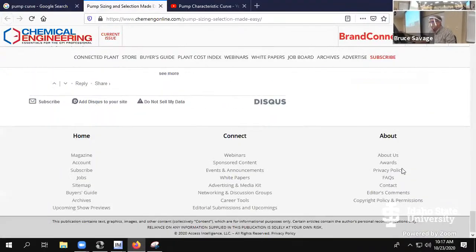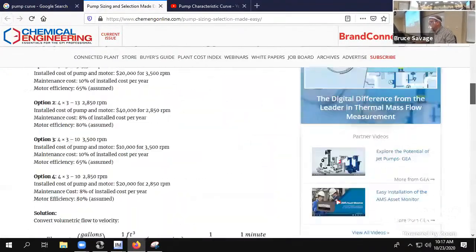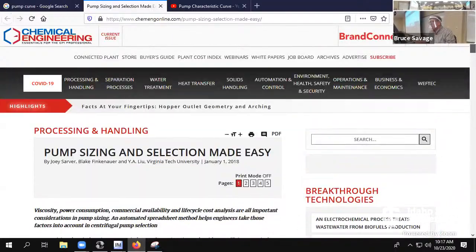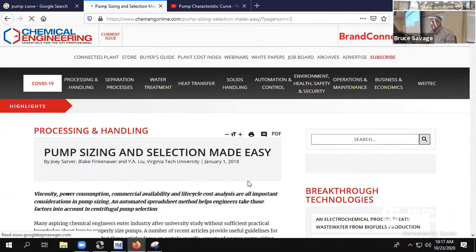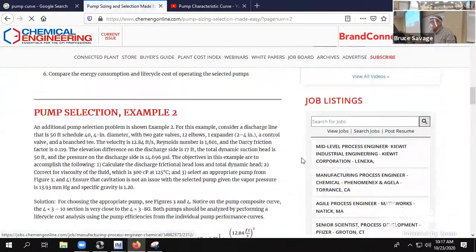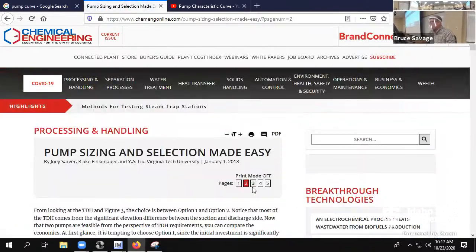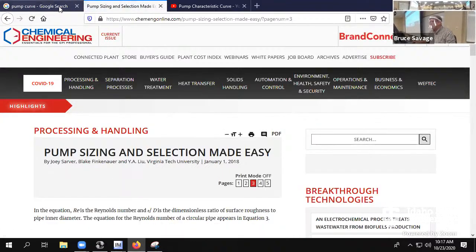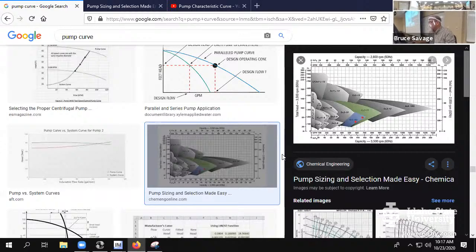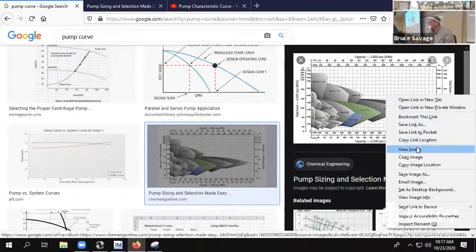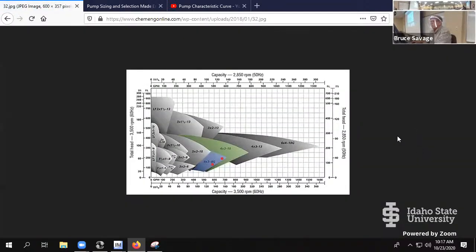Where'd that graph go? It's going to be on all the pages, huh? Fine, let's go back to Google search right here and you just right click the image. View image. Okay, thank you. Yeah, sometimes, you know, when you're up here, you don't think about that when you're with other people.